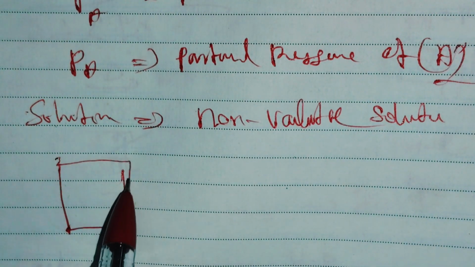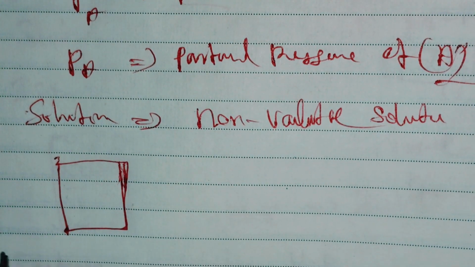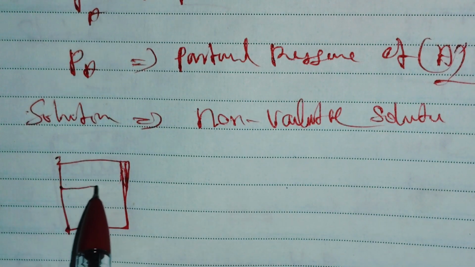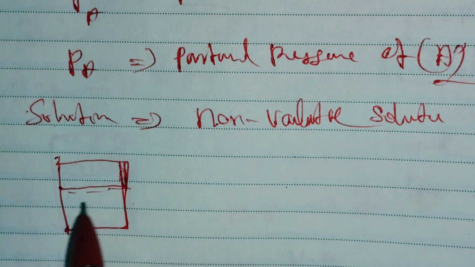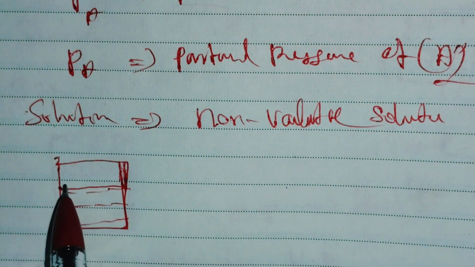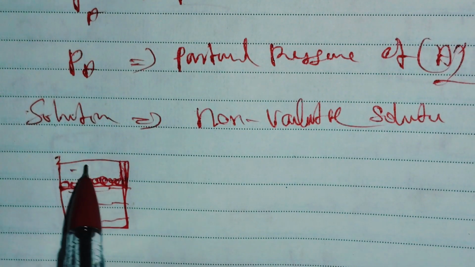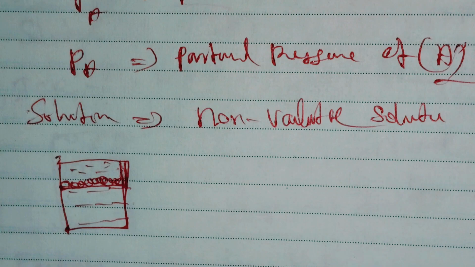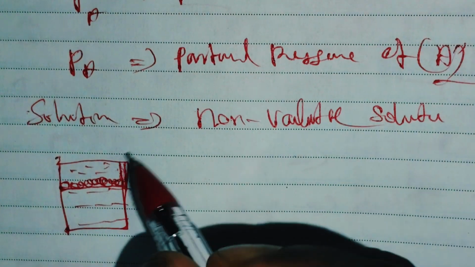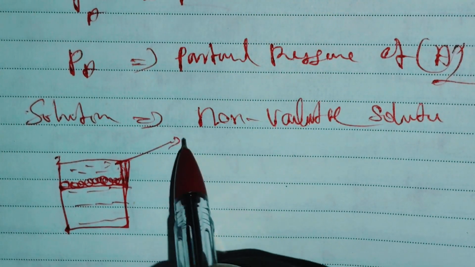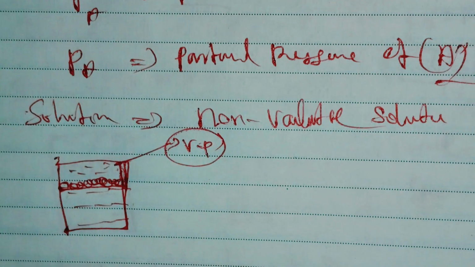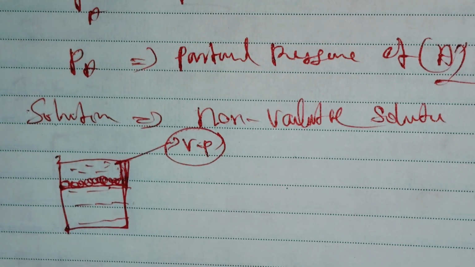Vapor pressure is where molecules at the surface of the liquid are converted into the gaseous state at the top of the vessel. We studied that vapor pressure in the last video.